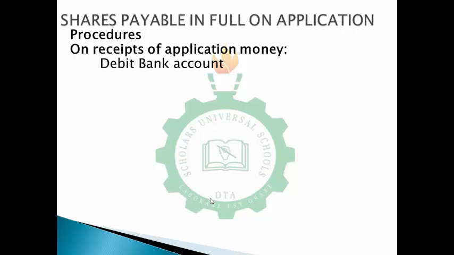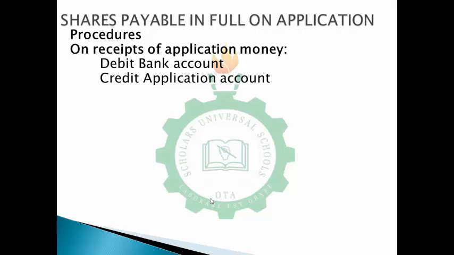Now, what is the corresponding credit entry? Who are those paying? The applicants. So you have to open an application account. So you debit bank account and you credit application account. So you're correct if this is what you have said. All right. So don't forget, I said the applicant will go to the bank to pay. So on the receipt of the money, these are the entries that you will pass.